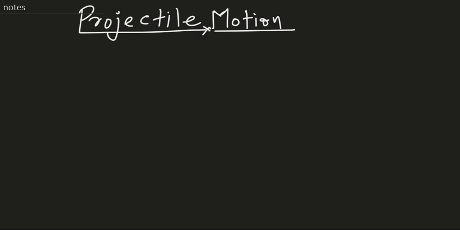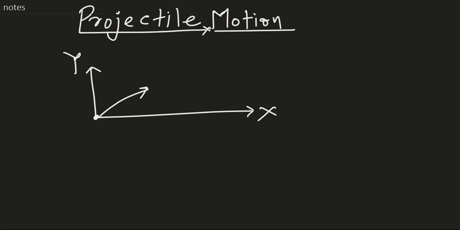Suppose this is the particle which will fly into the air starting from this point. Let's call this axis x, this axis y. Velocity given is v, and there is some angle from the horizontal axis which is theta.